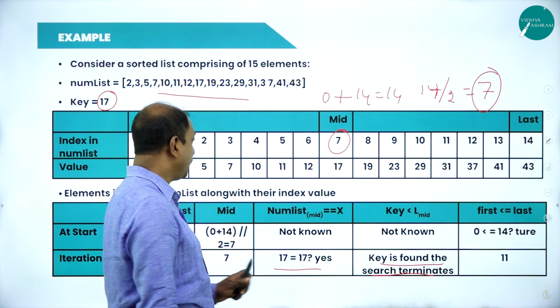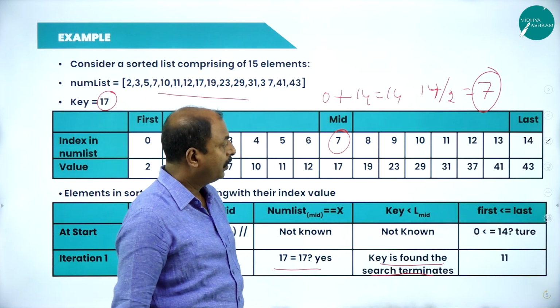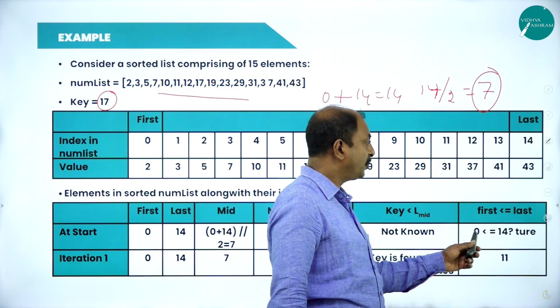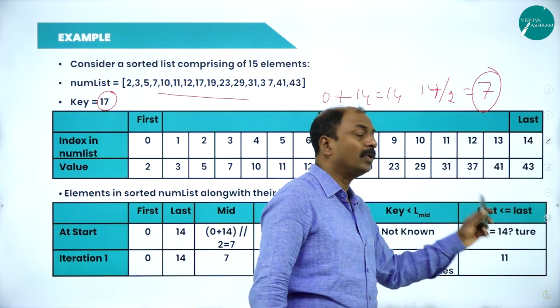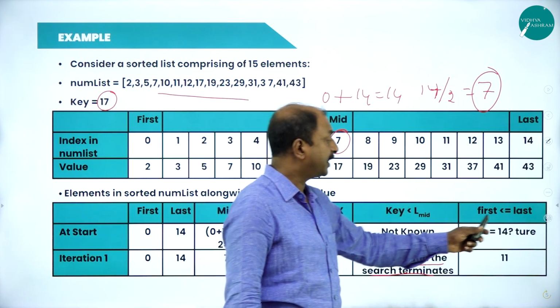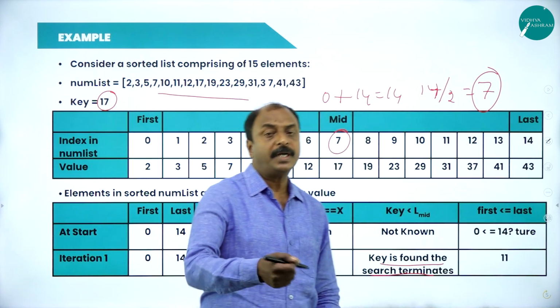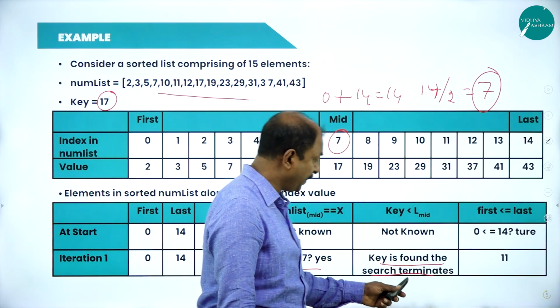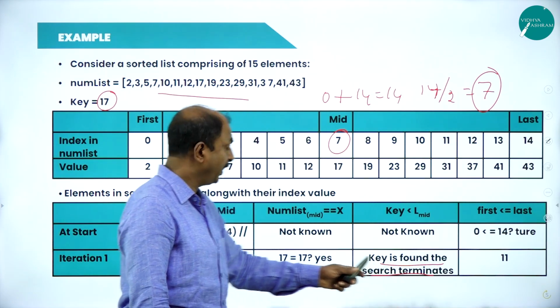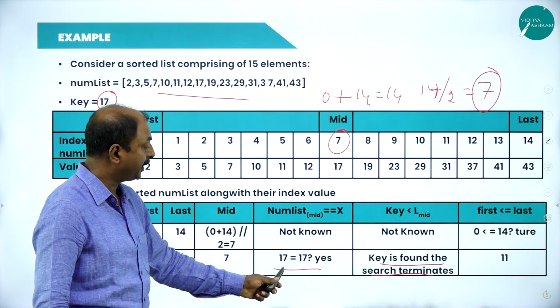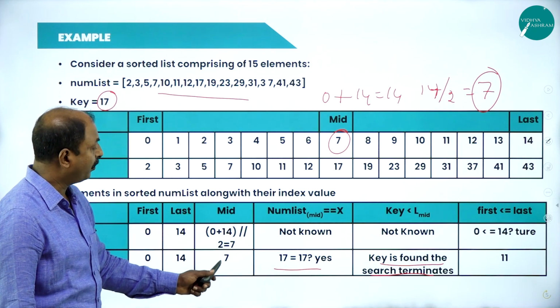Now in this example, the loop continues as long as the first index is less than or equal to the last index. As long as the condition is true, the loop continues. Here the element is found, the middle element is 17 at index 7.